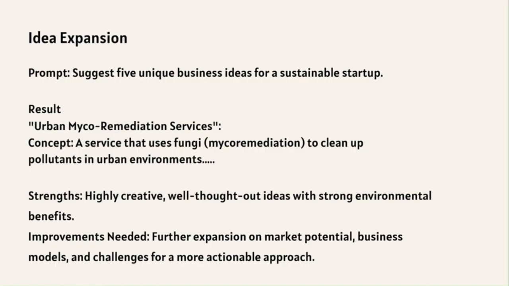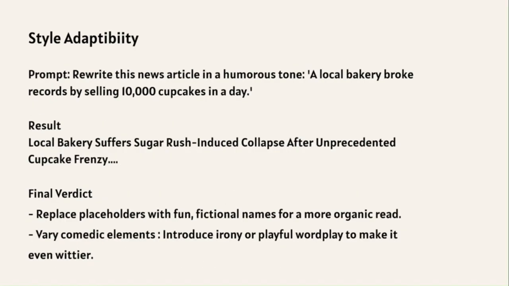And the fourth one is style adaptability. In this, I asked Google Gemini to generate a story in a humorous tone. In this also the full result is in the conversation. From the result, the text generated was clear and precise, but it had placeholders such as town underscore name and user underscore name instead of an actual name for the town and users.